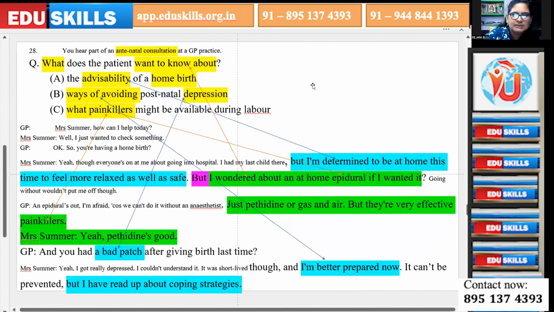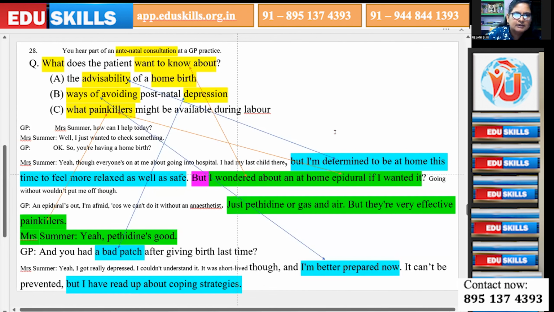So it's what she wanted to know that is shown there: "But I wondered about an at-home epidural." Now again, the advisability of home birth: we have seen that she's already determined. If it is determined, there's no need for advice, right? After taking a decision, we won't ask for advice, right? So that's the answer.